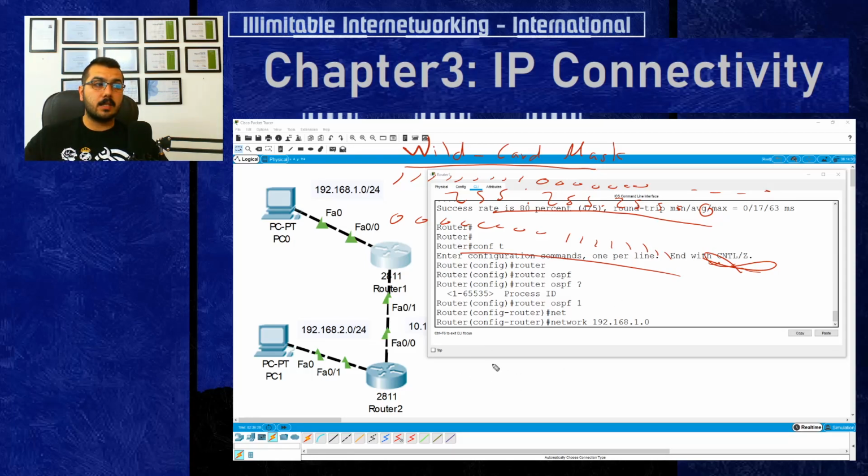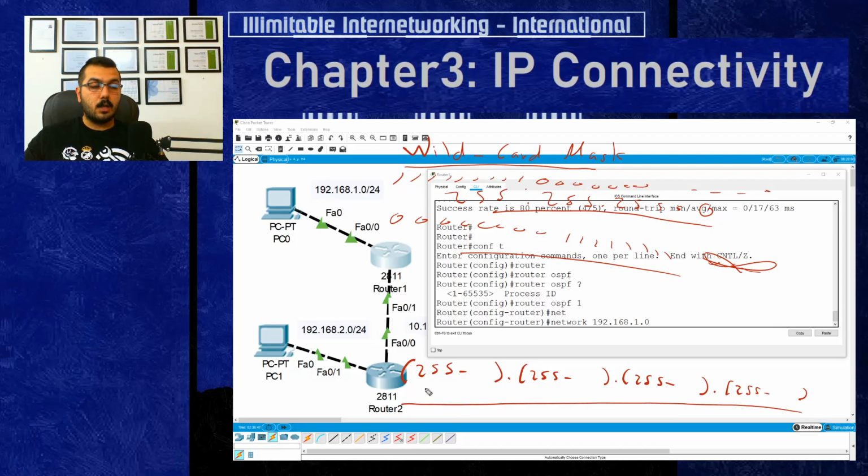Here is a simple formula to get the wildcard mask out of the subnet mask that you already know. It is 255 minus the first value of the subnet mask, dot 255 minus the second value, dot 255 minus the third value, finally 255 minus the fourth value of your subnet mask. So in my case, let's borrow the blue pen.